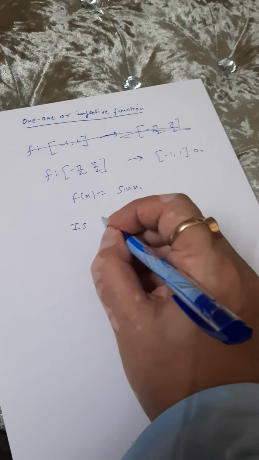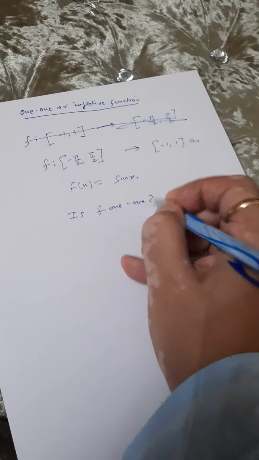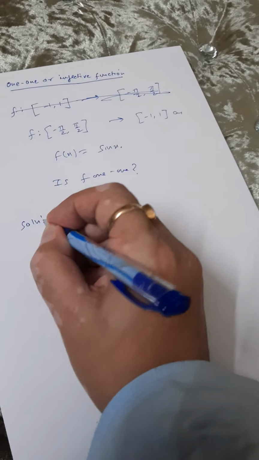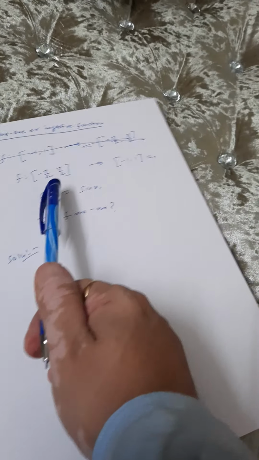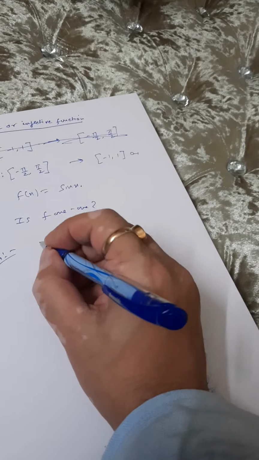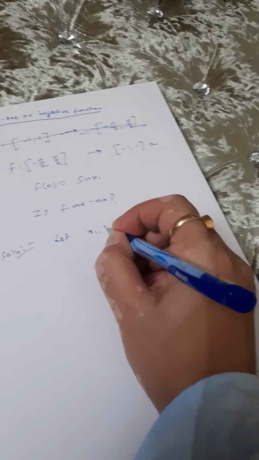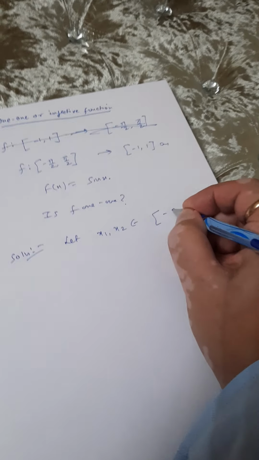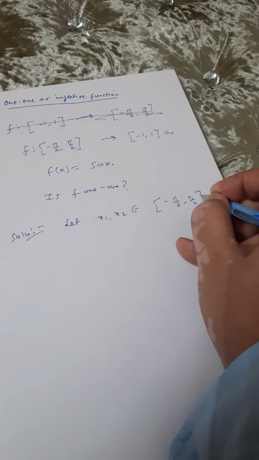Is f 1-1? Answer is yes. See, here domain and range are being changed: minus pi by 2 to pi by 2, minus 1 to 1. So you write let x1 and x2 belong to minus pi by 2 to pi by 2.